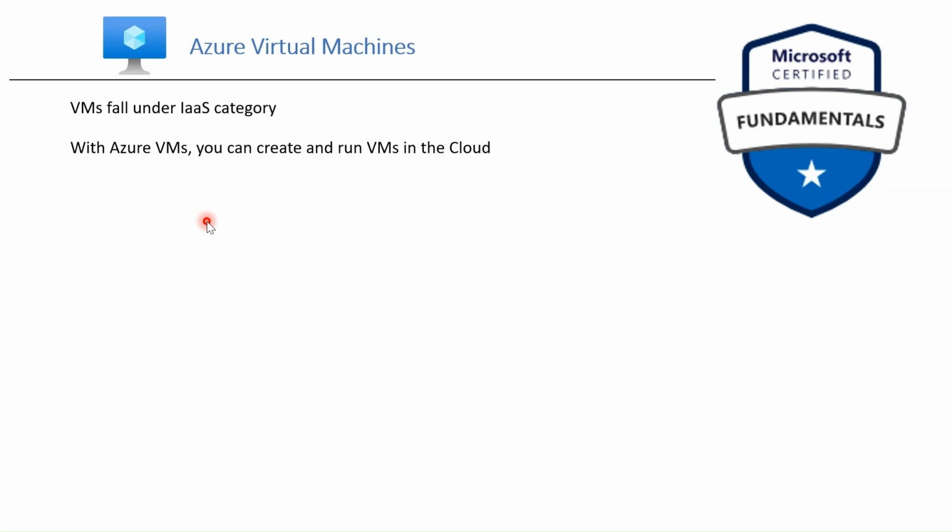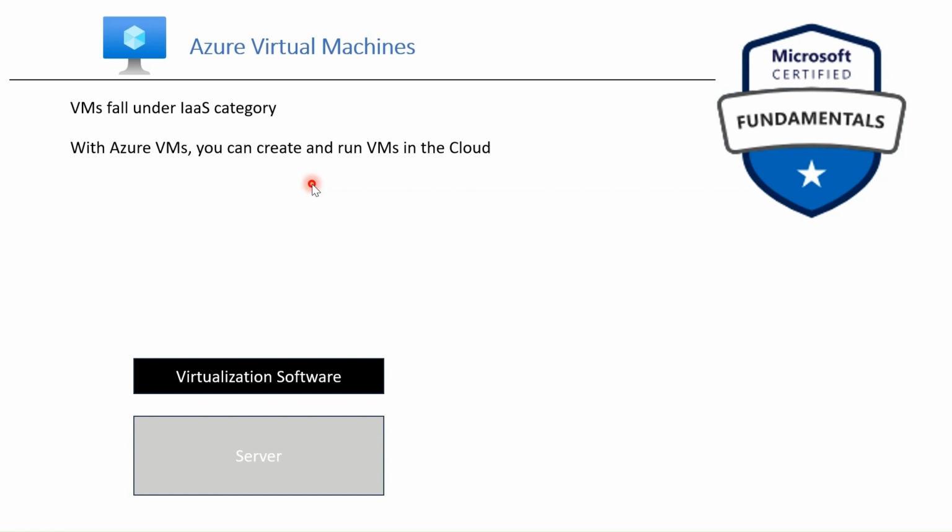Virtual machines, as we know, are similar to physical machines, but virtual machines run on a hypervisor. If you want to create your virtual machine, you use Azure virtual machines to do that. Now let's see the broader architecture, a bird's eye view of how a virtual machine fits into the hypervisor and physical machine architecture. So this is a server or a physical machine. On top of it we install virtualization software, which is also called a hypervisor.